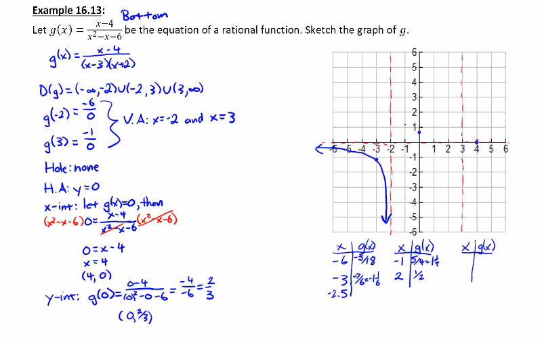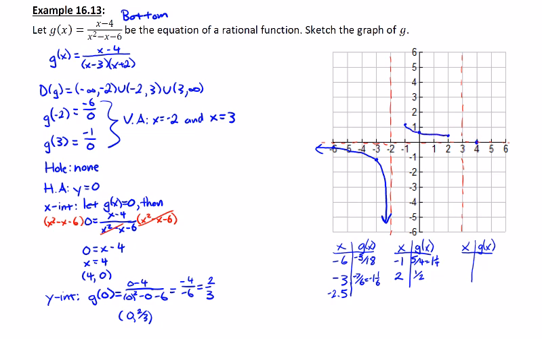So let's mark those 2 points. And I can see that there is a decreasing trend here to connect these 3 points.